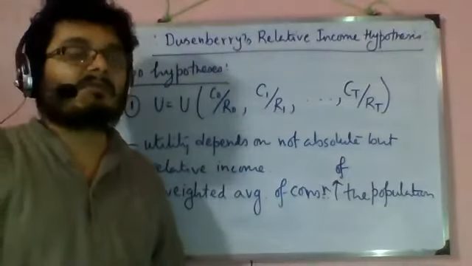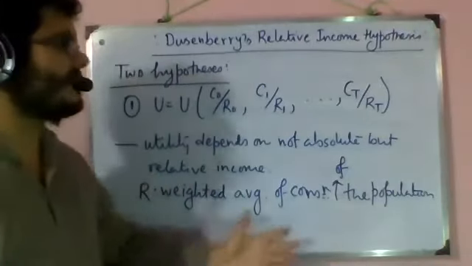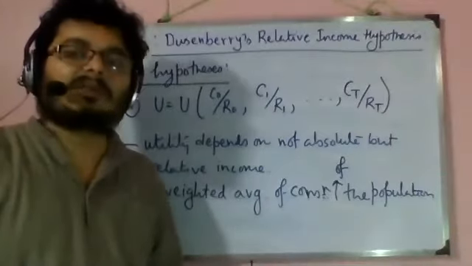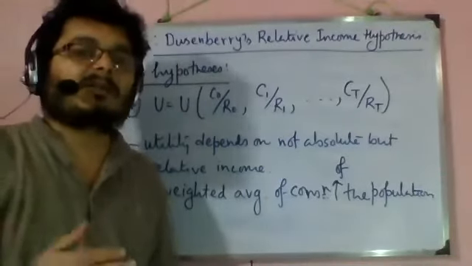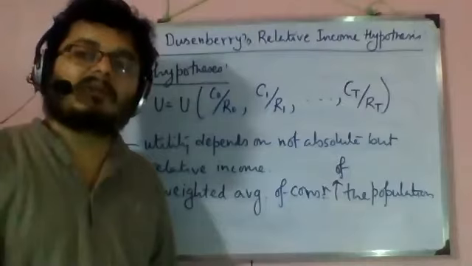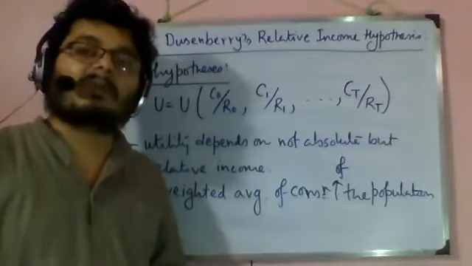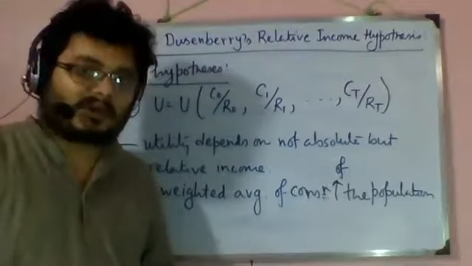So we are considering this average of consumption in a very homogeneous kind of group. But even in that homogeneous group, the consumption level attained by each and everyone will differ. And that difference matters. That is the first hypothesis, that this difference is important.